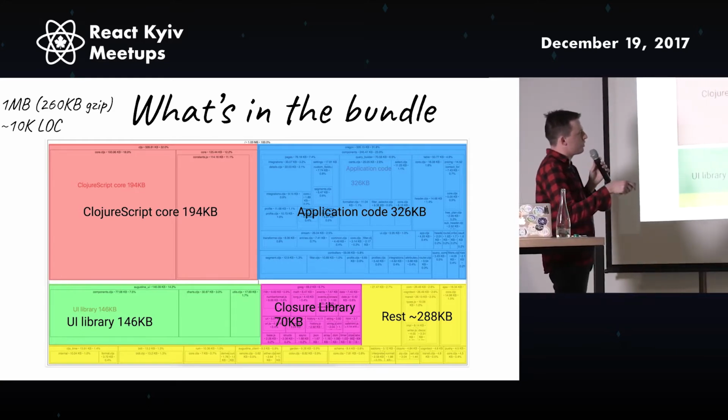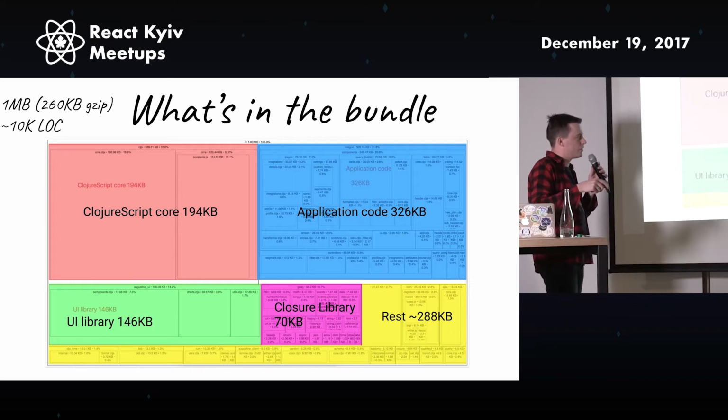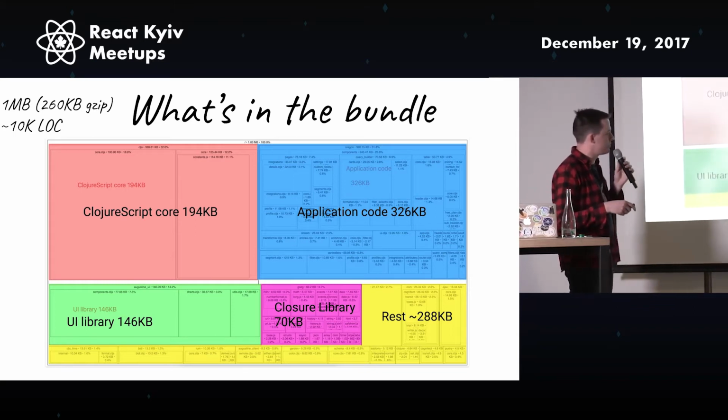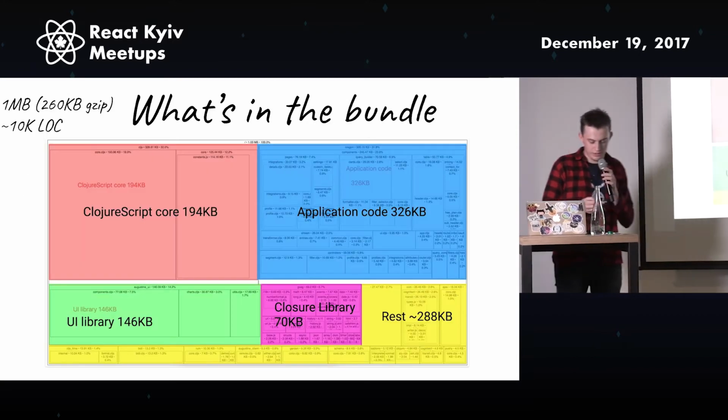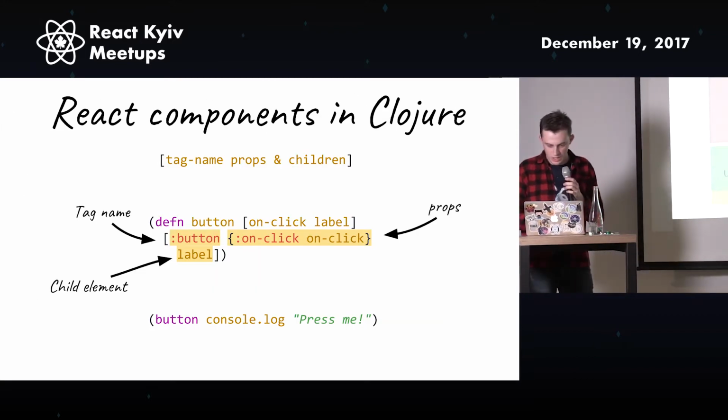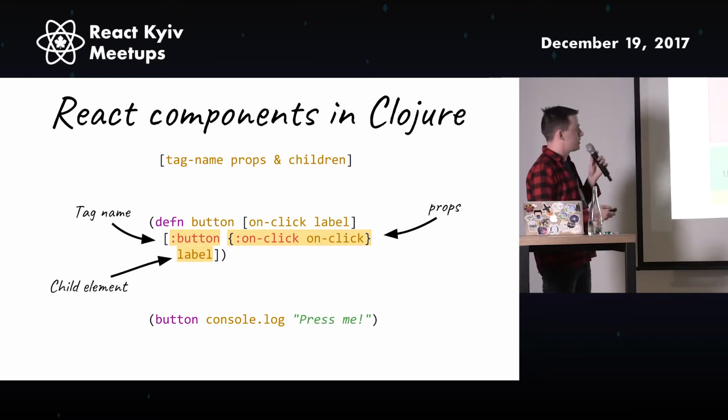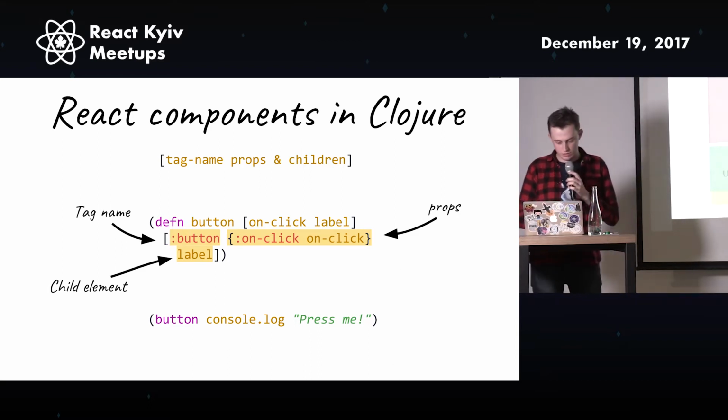Also, application code, the code that was written by developers, is around 300 kilobytes, and everything else is helpers or some utility libraries. So basically, 10,000 lines of code, you can write something like this in Clojure.